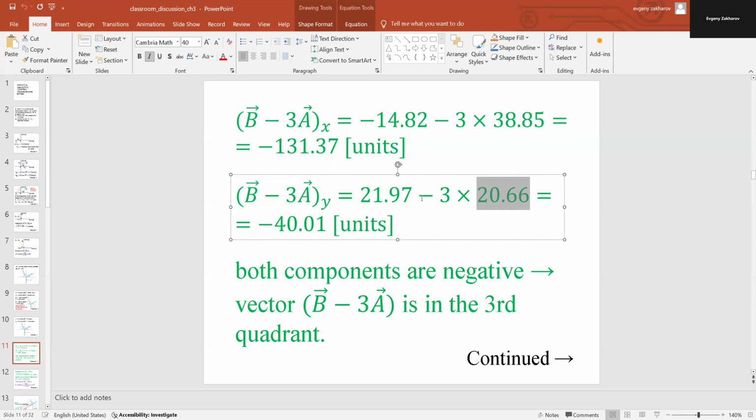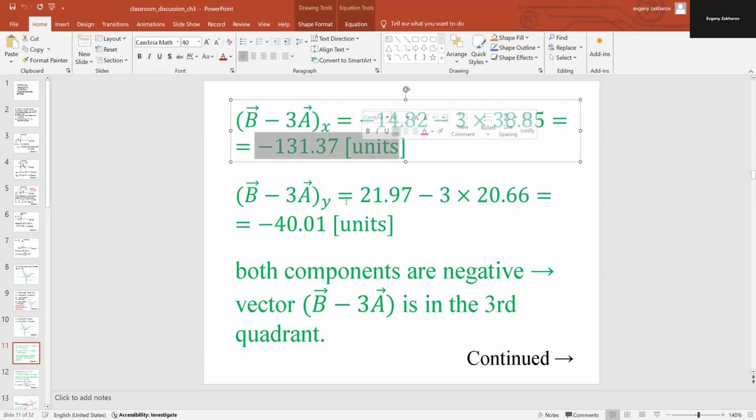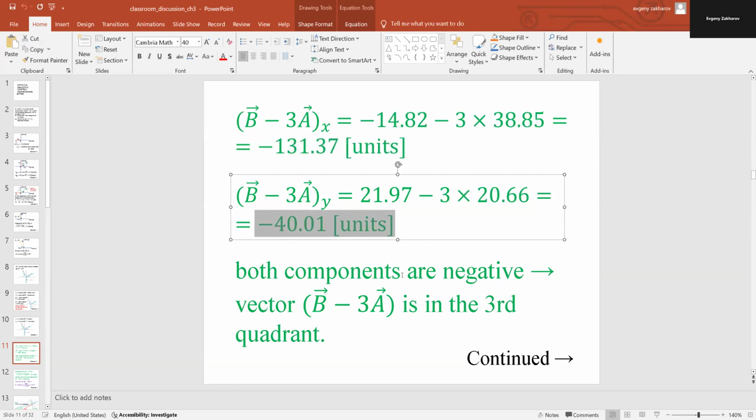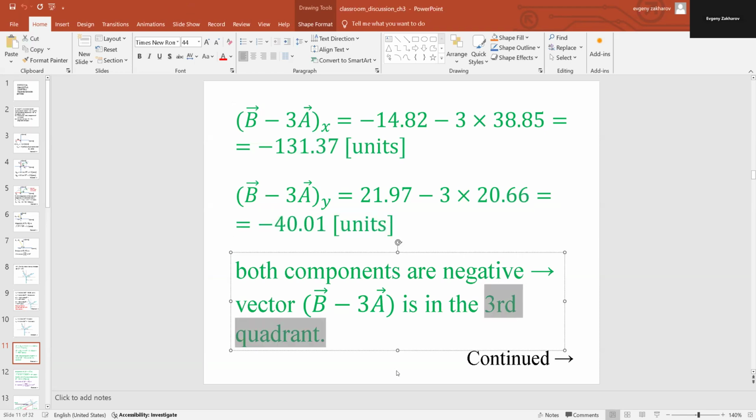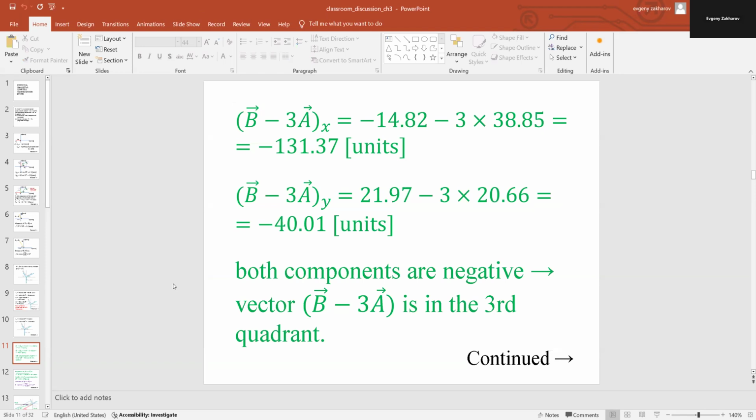It's a positive, take away another number, usually doing subtraction. And 3 times 20 is like 60. So 20 take away 60, that's negative 40. So makes sense. Both components turn out to be negative. That's perfectly fine. That means that the resulting vector is in the third quadrant, because in the third quadrant, both sine and cosine are negative. Makes sense, right?